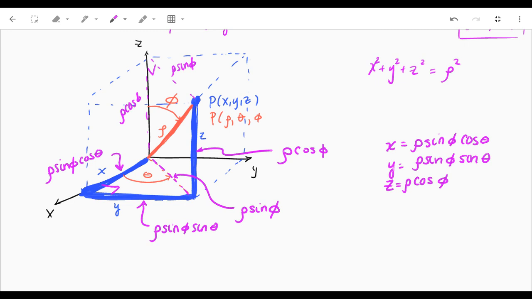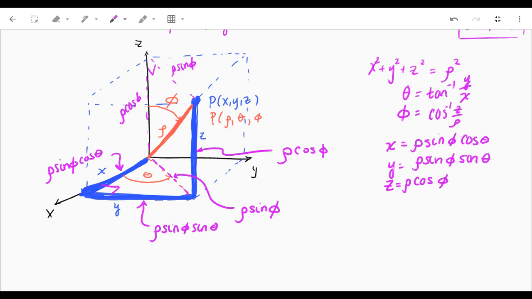Theta would be the inverse tangent of y over x, just like it is in polar. And then phi we do as the inverse cosine of z over rho.